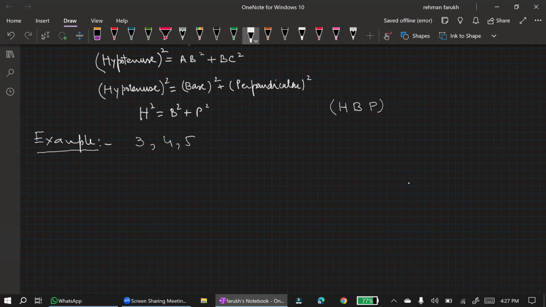So I will put 5 at the place of h, 5 square, and the square of the other two sides on the right hand side. Now 5 square is 25, 3 square is 9, and 4 square is 16.